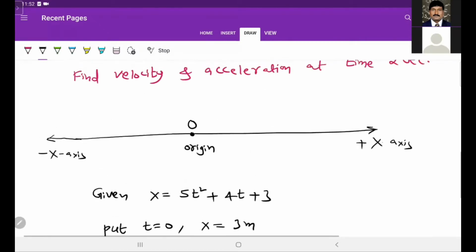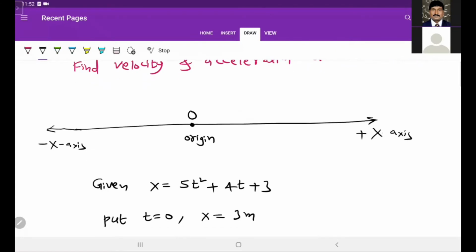That means at time t 0, the particle is not at our origin, it is on the right side of the origin. So particle is somewhere here. Suppose I am marking this as 1 meter, this is 2 meter, this is 3 meter.